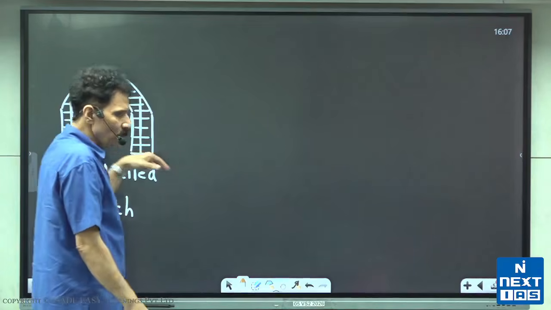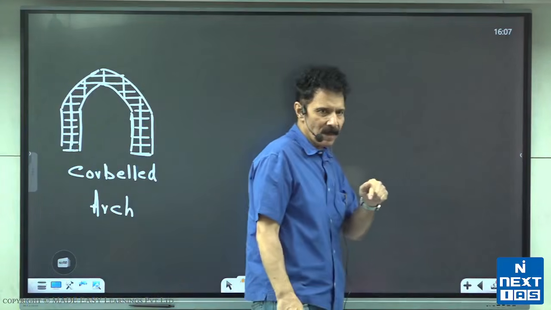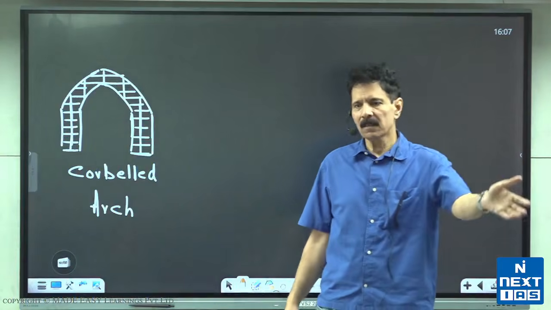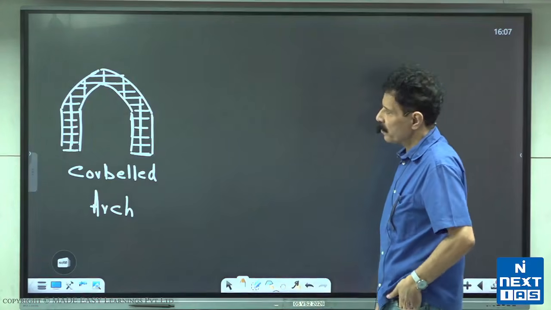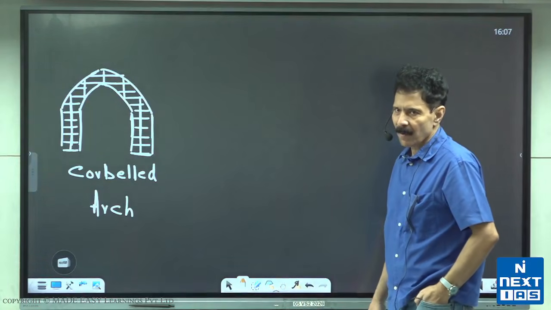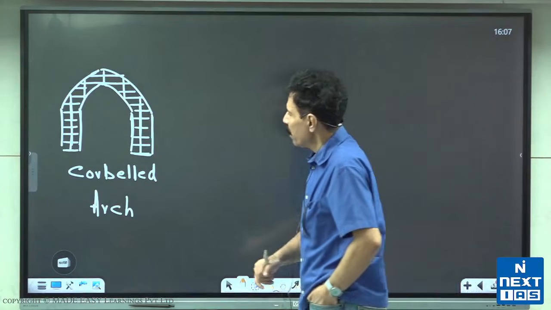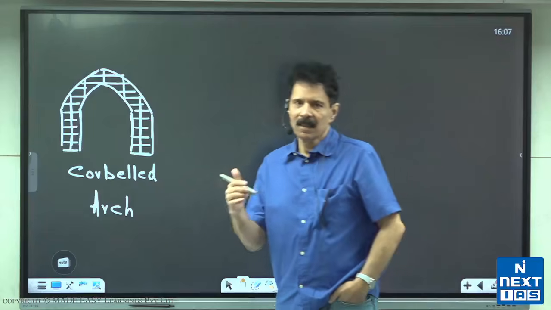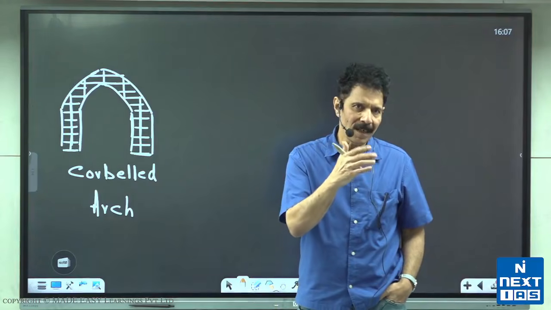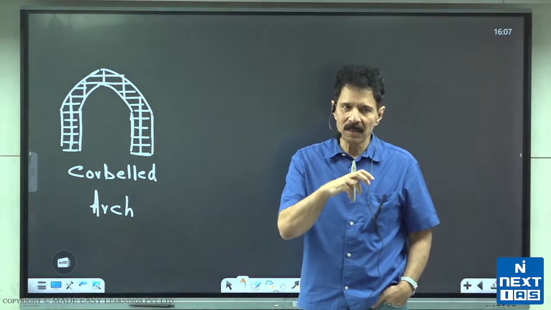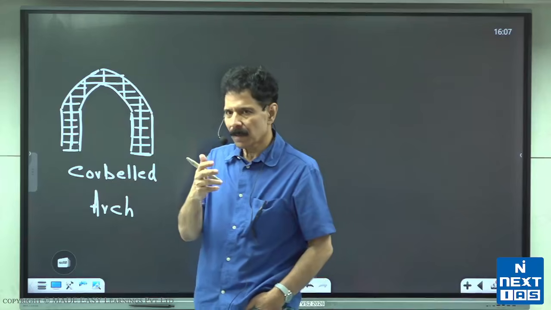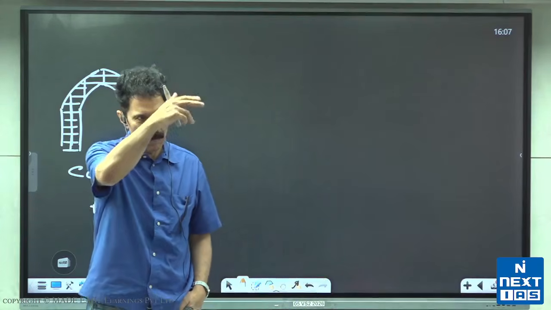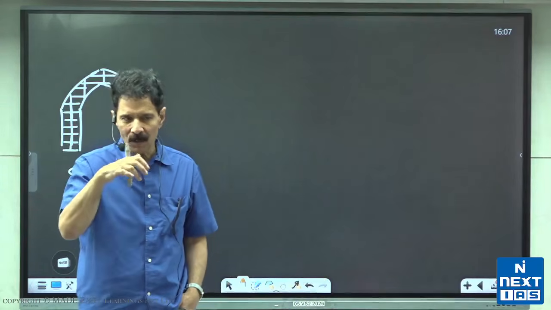This kind of arch was constructed in India before the coming of the Turks, I mean, before the foundation of the Delhi Sultanate. The reason was that initially the architects who were well versed in making the true arch constructed in the Islamic world were not available in India.